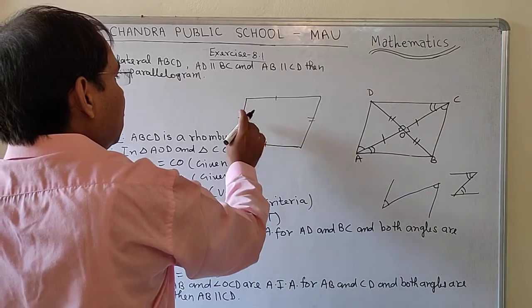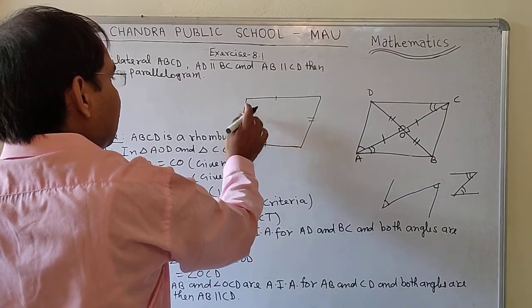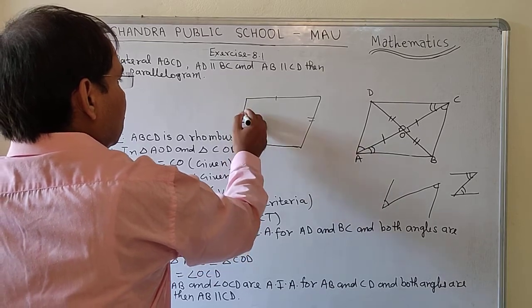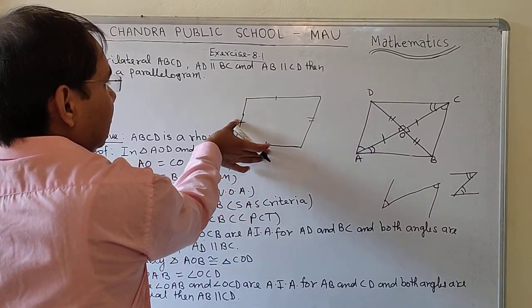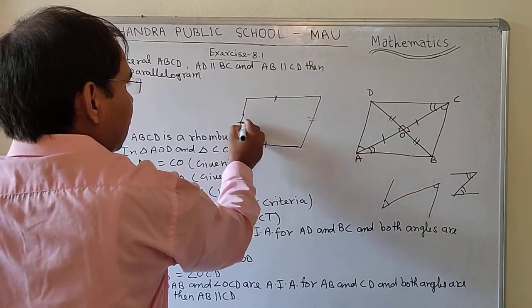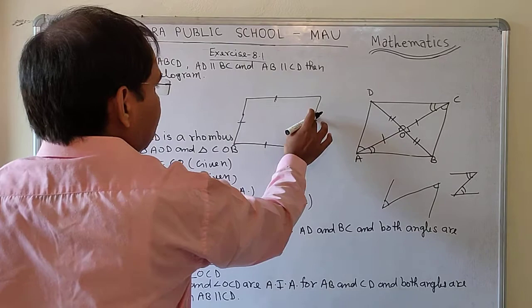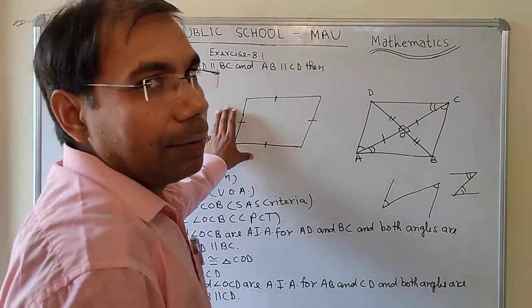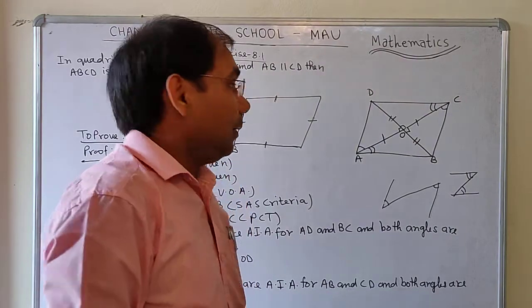If I am able to prove that these two adjacent sides are equal, it means this side equals this side. So if you are able to prove that adjacent sides are equal, then its opposite side will also be equal, and its other opposite side will also be equal. It means here all the four sides will be equal if in a parallelogram adjacent sides are equal.